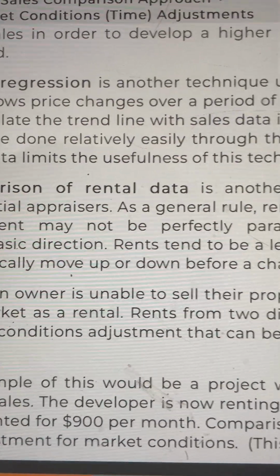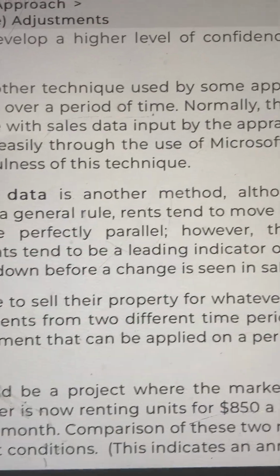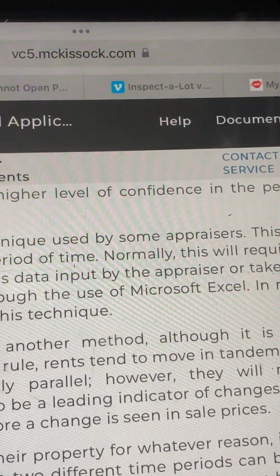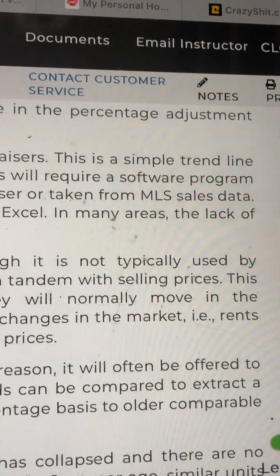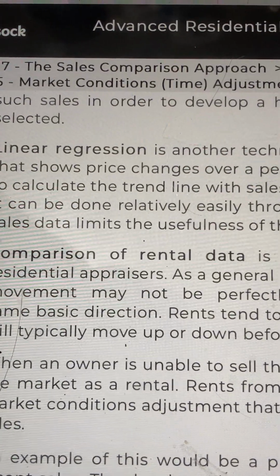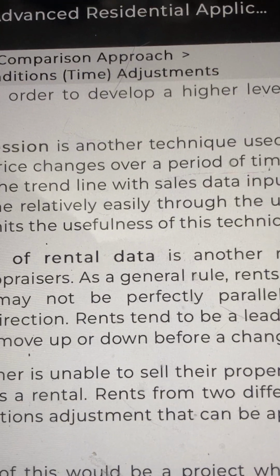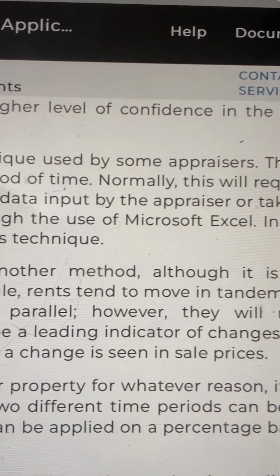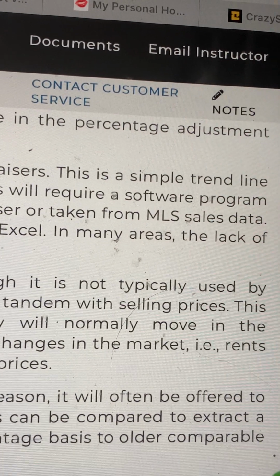Comparison of rental data, that's highlighted, is another method. Although it is not typically used by residential appraisers, as a general rule, rents tend to move in tandem with selling prices.